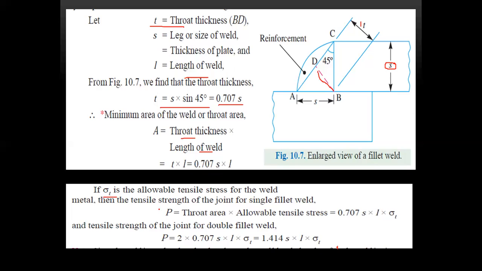Therefore, the tensile strength P is equal to the throat area into allowable tensile stress. Therefore, the tensile strength for a double fillet joint is 2 into 0.707 s into l into sigma t.